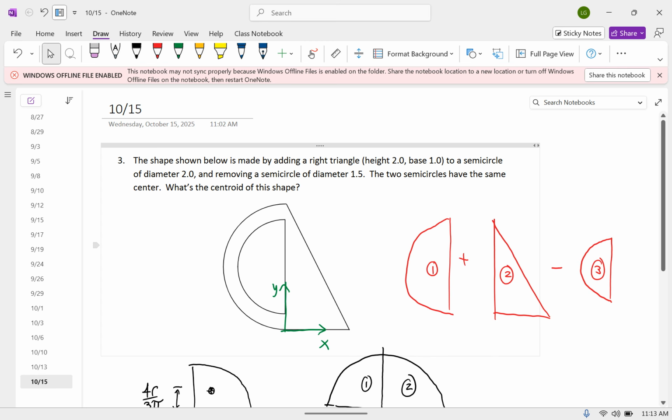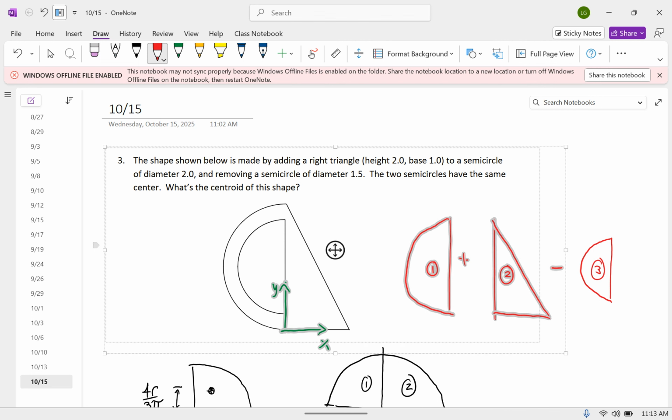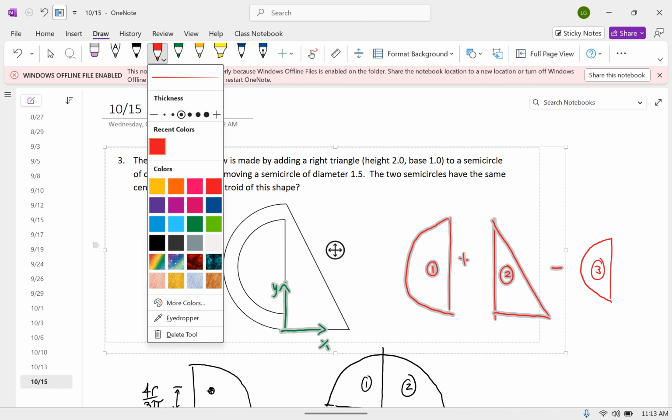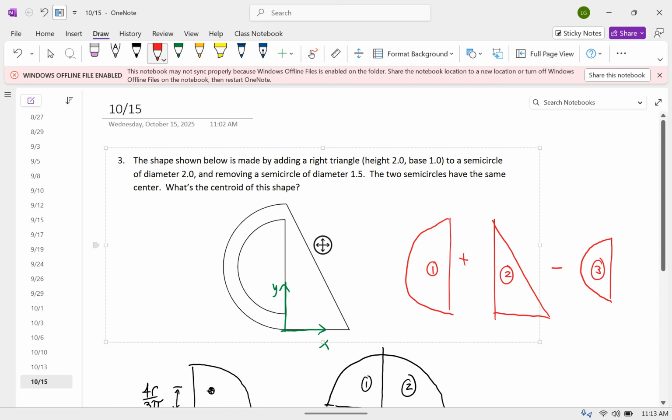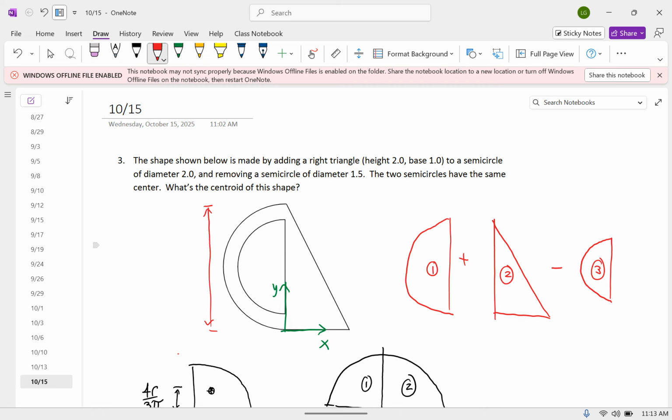All right, and for dimensions, so this is 2 meters.